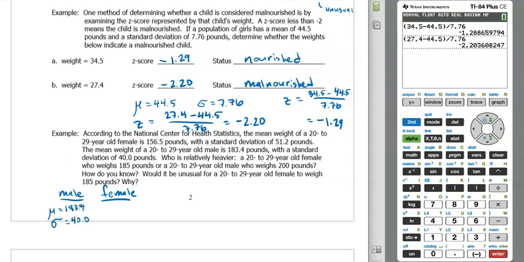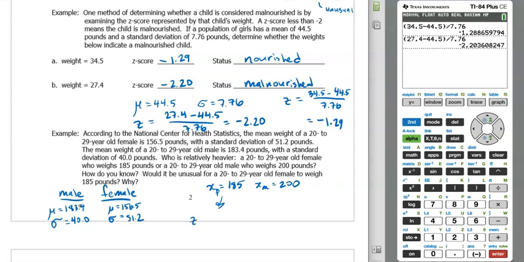And for females, the mean weight is 156.5 pounds, and the standard deviation is 51.2 pounds. And so the question is, who is relatively heavier? A female who weighs 185, so that's going to be the value for the female. I'll put a little subscript F to know that that's the female. The female weighs 185, and the male weighs 200. Who is relatively heavier? So we should find the z-scores for these.